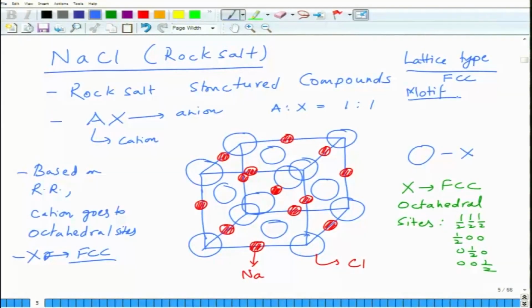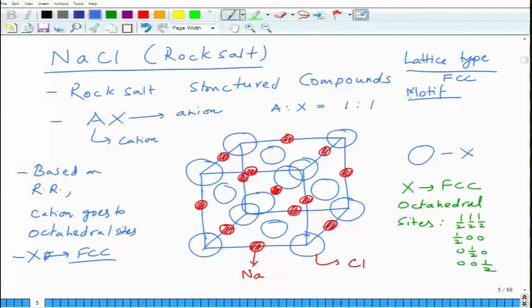Now that there are 2 atoms, you need to describe the motif. So, you first need to define the motif for the coordinates of chlorine. If you define FCC lattice and chlorine at 0, 0, 0, it means all the FCC atoms have been taken care of. But you have sodium also.